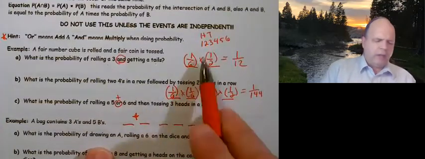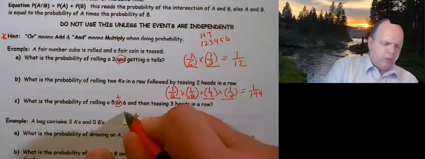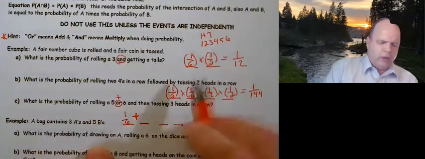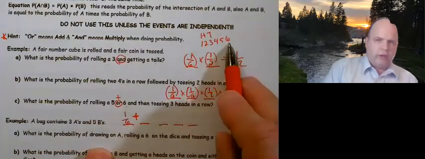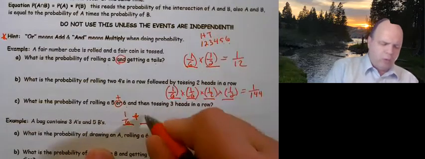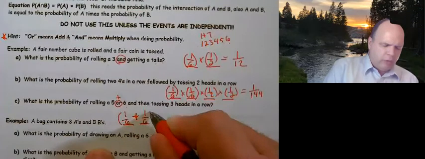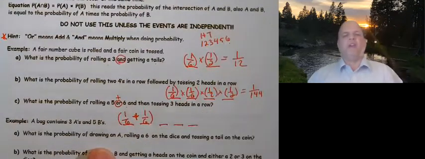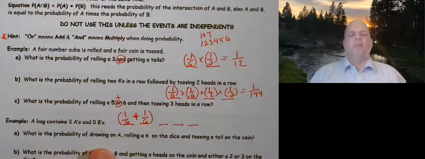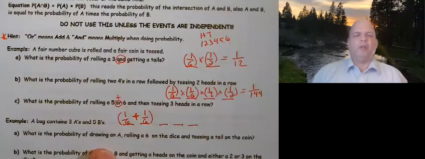We know the probability of a 5 is 1 out of 6. We know that the probability of a 6 is, there's only one of them, so 1 out of 6. Anytime I say add, go ahead and put those numbers in parentheses, however many they are. It'll help you out with order of operations.